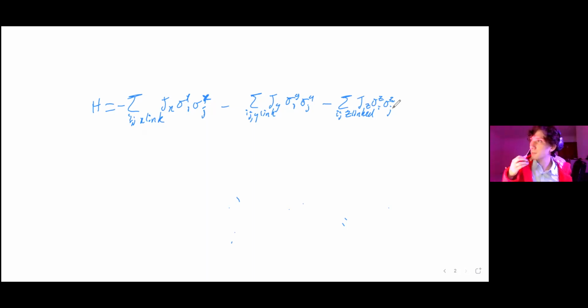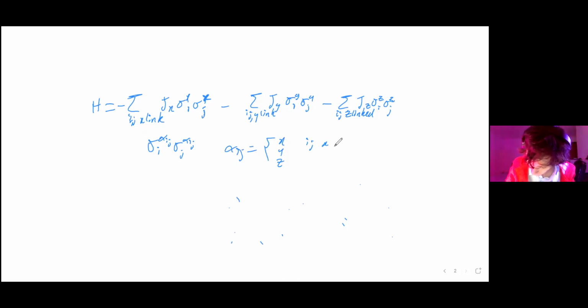Now, a slick bit of notation we introduce is we would write sigma i superscript alpha ij, times sigma j alpha ij, where alpha ij is either x, y, or z, depending on the direction of the ij link. So then we have an x link, y link, and a z link.